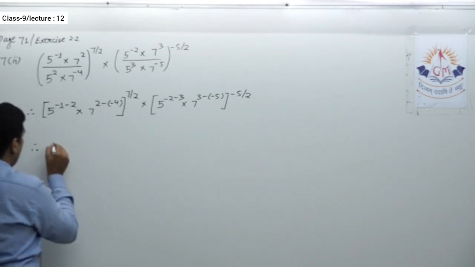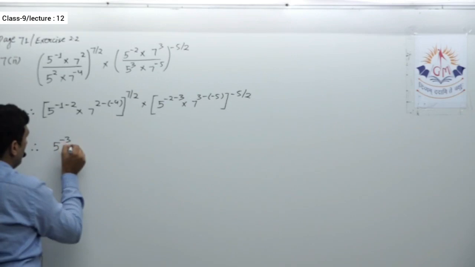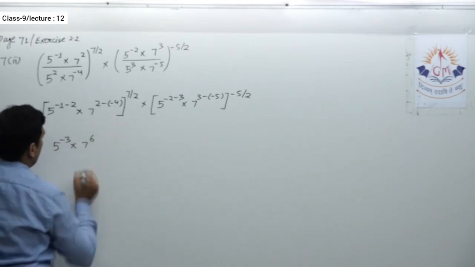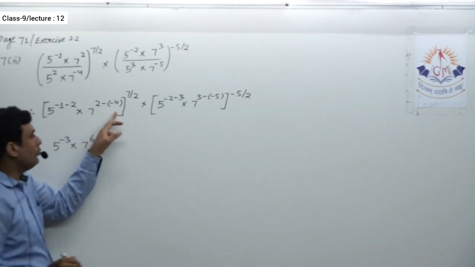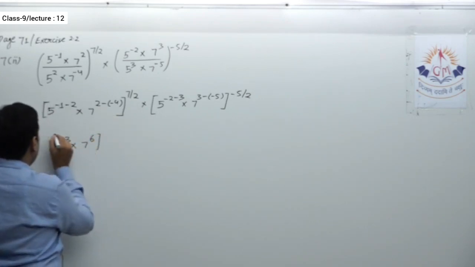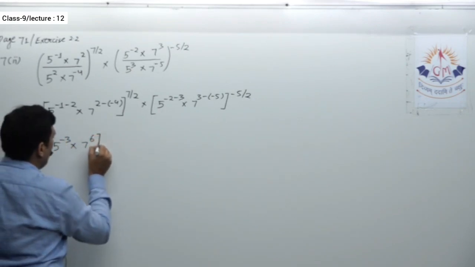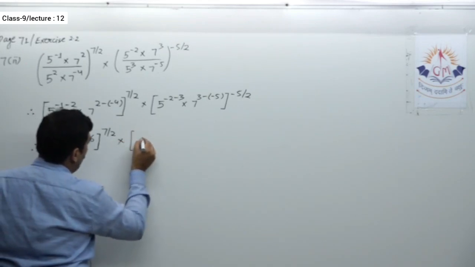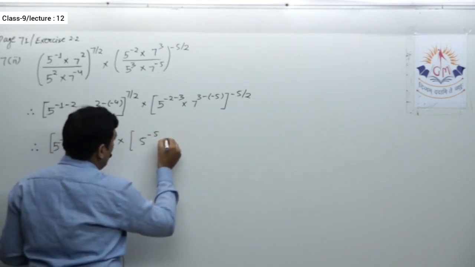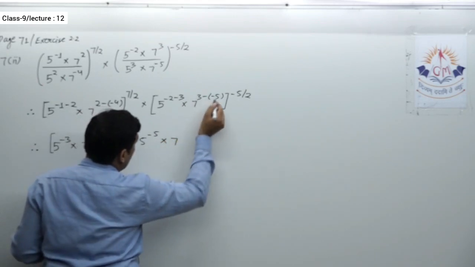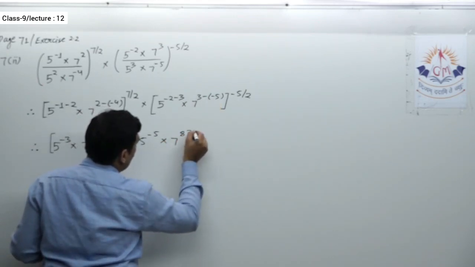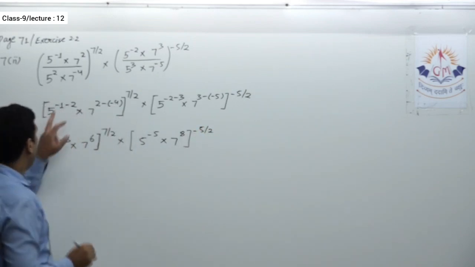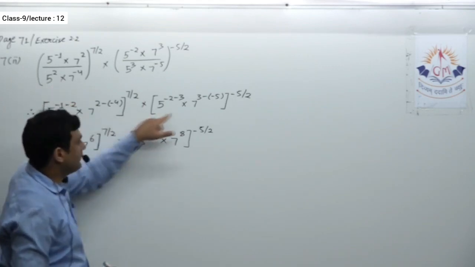Now this will become 5 raised to minus 3, multiplied by 7 raised to 2 plus 4, that is 6. 2 minus minus is plus, so 2 plus 4 is 6, raised to 7 by 2, multiplied by, over here, 5 raised to minus 5 multiplied by 7 raised to 3 plus 5, that is 8, raised to minus 5 by 2. So here I applied the quotient law and then just simplification.